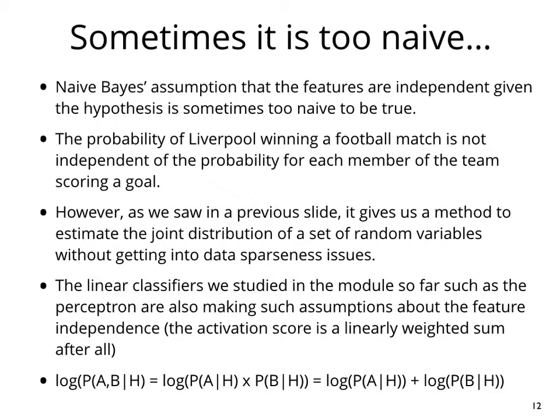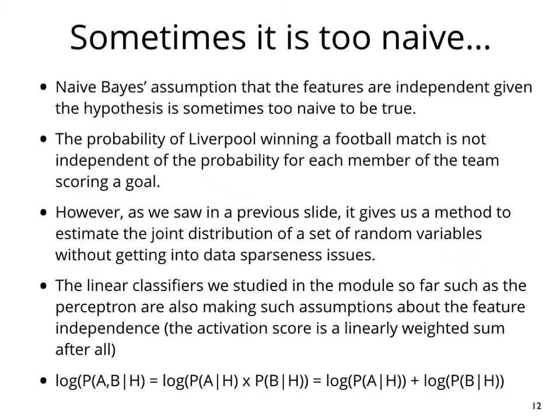We know that football is a team sport, so you will have more than one person involved in a particular goal. These types of things are not taken into account by the naive Bayes classifier, but this independence assumption arises in various types of classifiers.